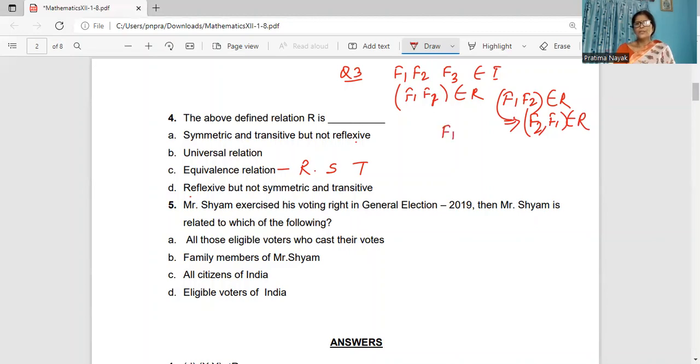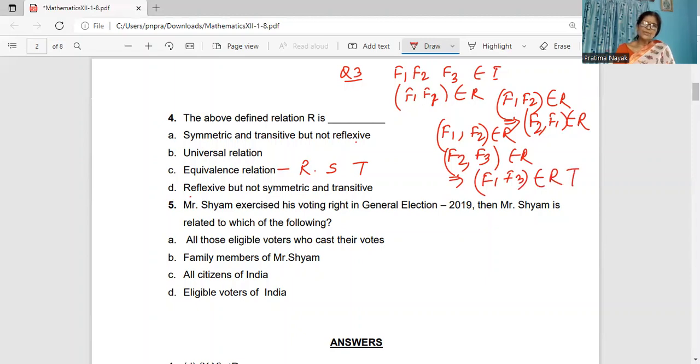Similarly, if F1, F2 belongs to R and F2, F3 also belongs to R, this implies that F1, F3 also belongs to R. So this is transitive also. So this is an equivalence relation. The relation which is reflexive as well as symmetric as well as transitive is an equivalence relation.